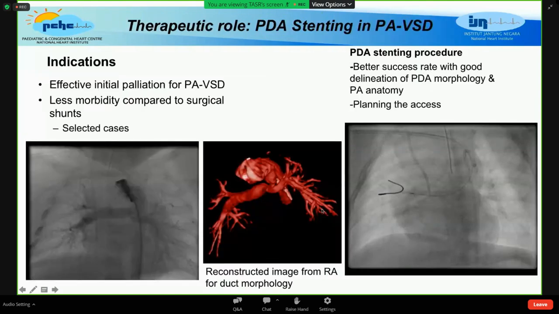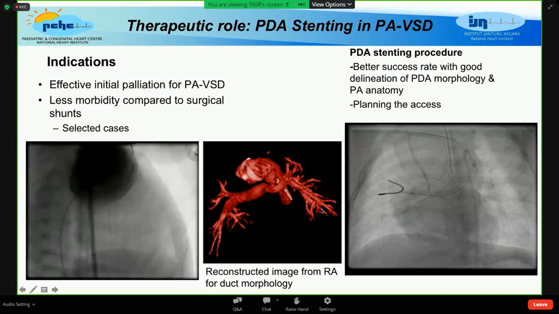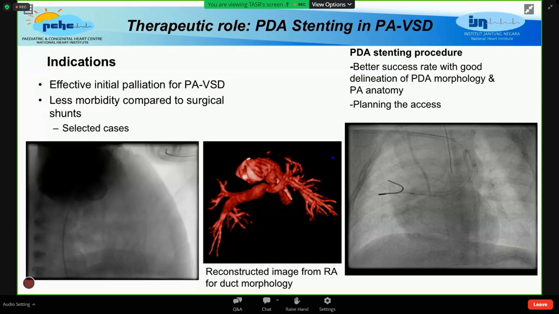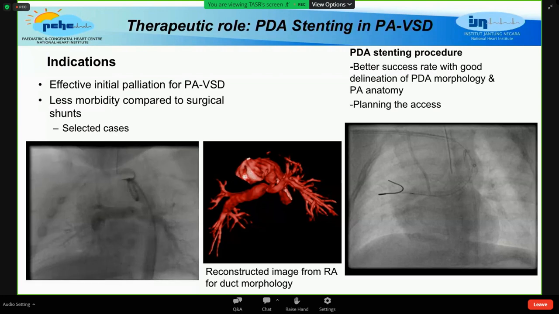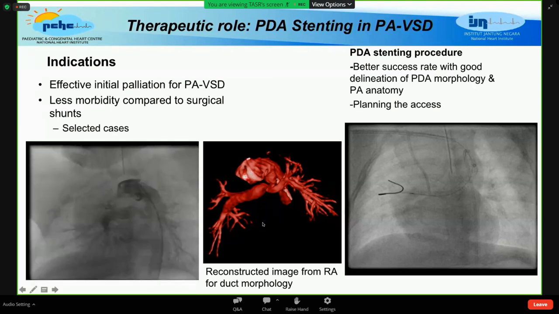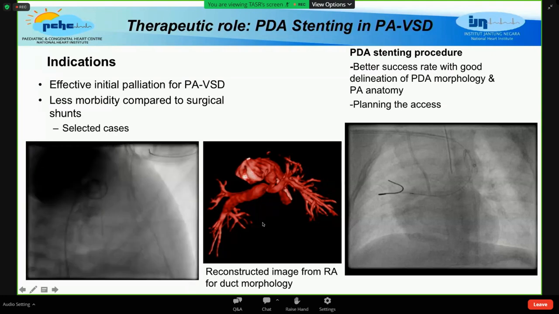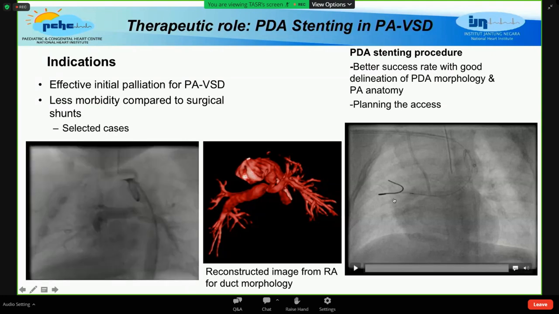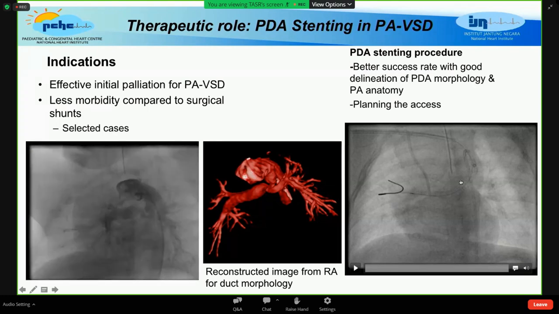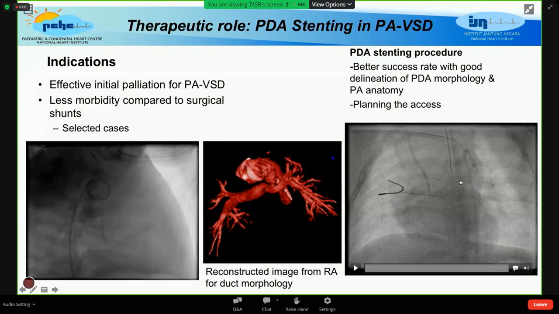All right, so PDA stenting in PA-VSD, I think Tin has more experience than me in PDA stenting in PA-VSD. For example, this patient that I presented before, with rotational angiography, we can easily plan a right axillary approach to place the PDA stent.